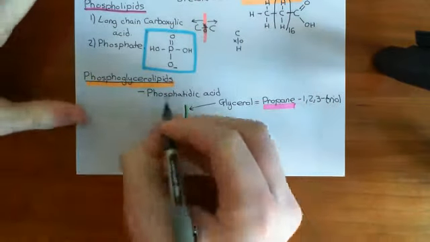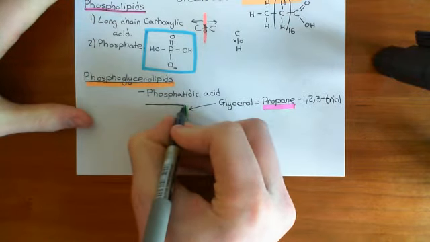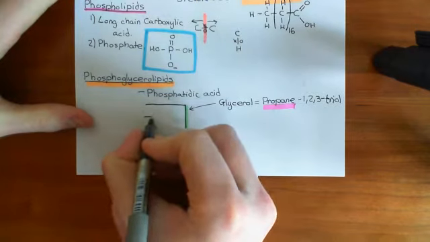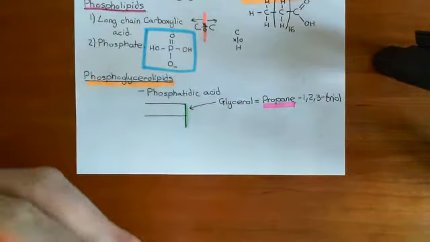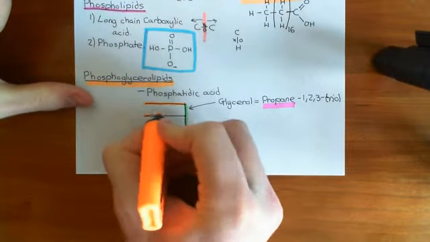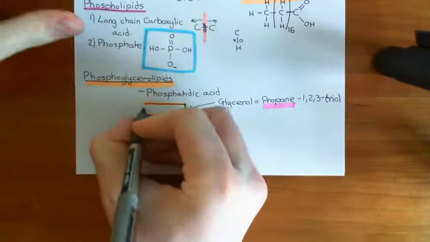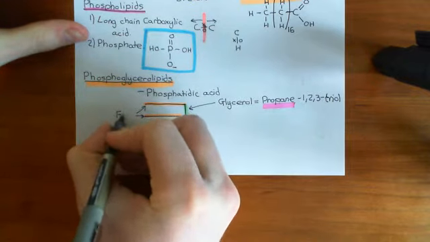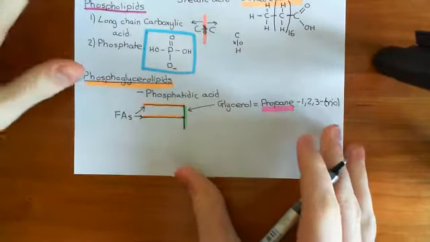Now, to the alcohol group that comes off the first carbon, we are going to attach a long-chain carboxylic acid. We're also going to do this for the second carbon. So these horizontal lines, which I'm now going to colour in green here, are going to represent long-chain carboxylic acids. For short, I will abbreviate these to fatty acids, FAs.